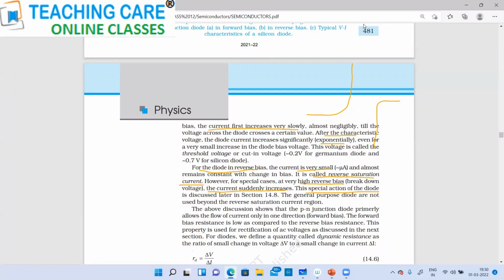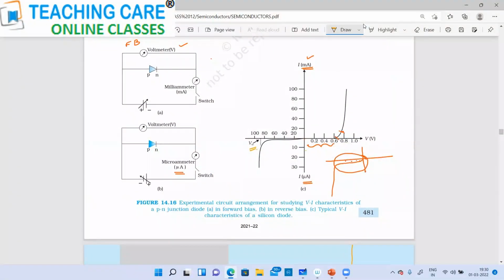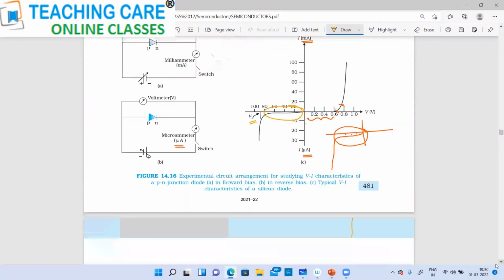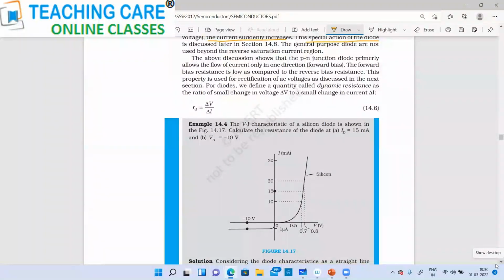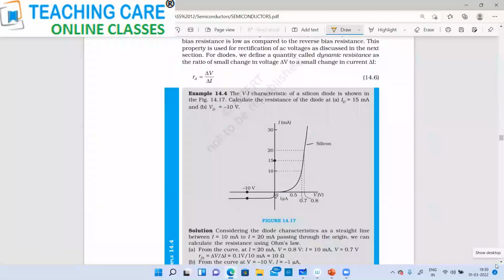Yes, Pandya. Now the graph is clear. Whatever points I told you, you can note down, the milliampere, micro, this area, everything. Now we are going to learn an important term, dynamic resistance. What is the dynamic resistance? Dynamic resistance is the ratio of small change in voltage to small change in current.